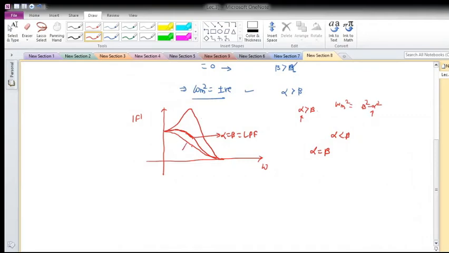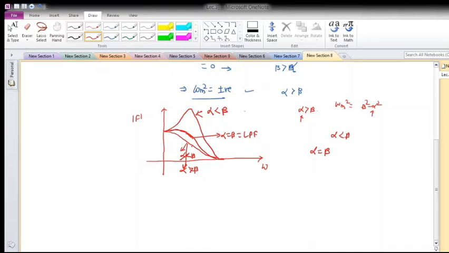I'm sorry, I need to correct myself: the first curve is for alpha greater than beta, and this one is for alpha less than beta.